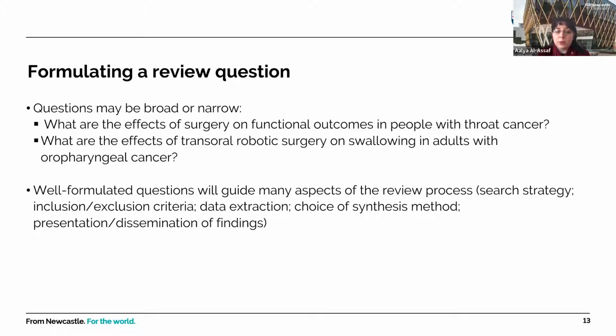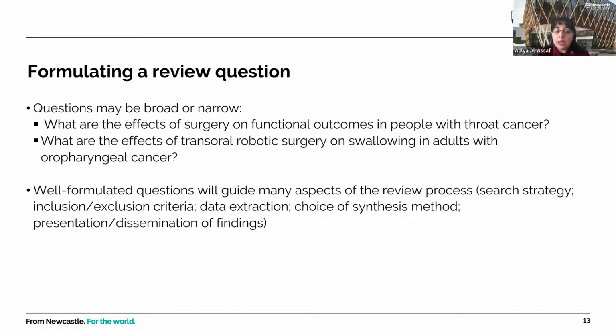If you compare it with the second question, what are the effects of transoral robotic surgery on swallowing in adults with oropharyngeal cancer? Now, this is a narrow question relative to the first one, because the second question specifies the type of surgery, whereas the first question just says what are the effects of surgery. It doesn't specify the type of surgery.